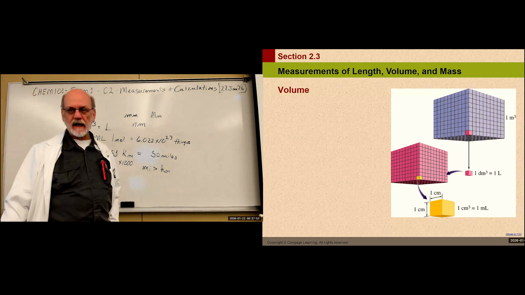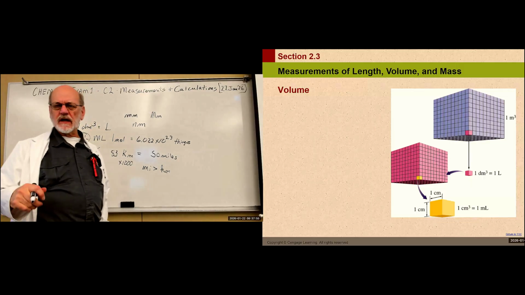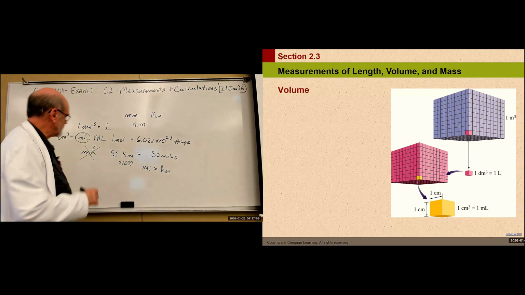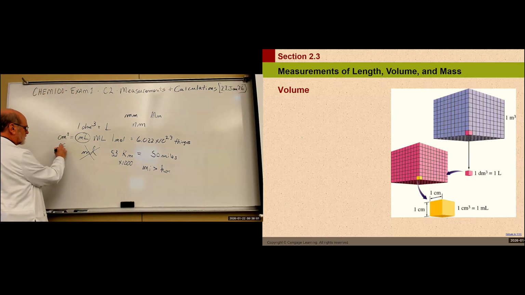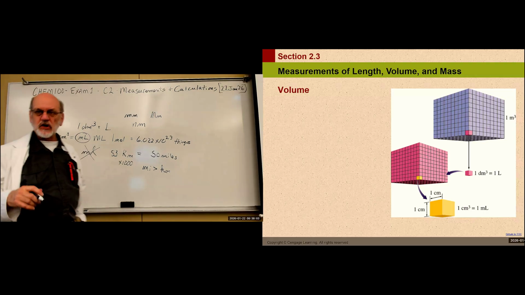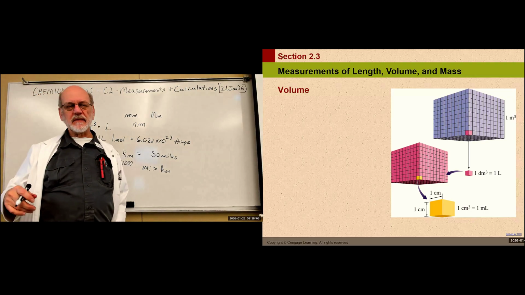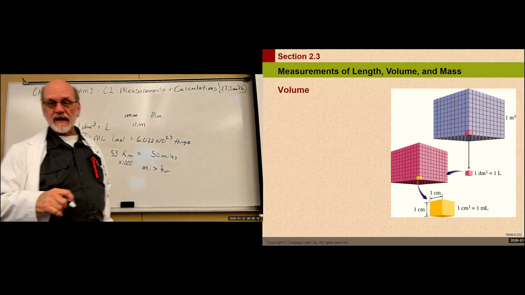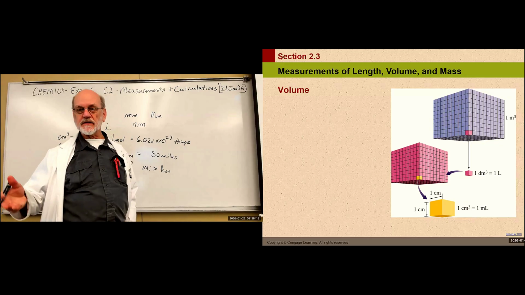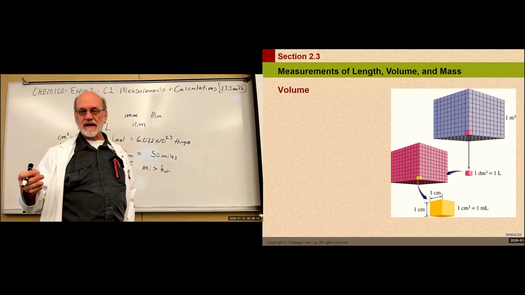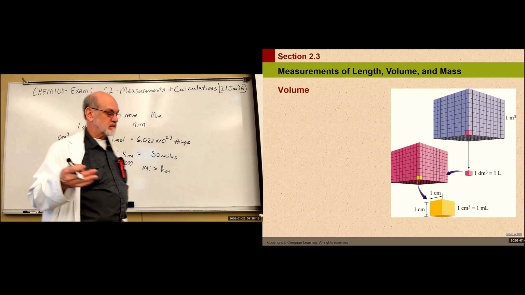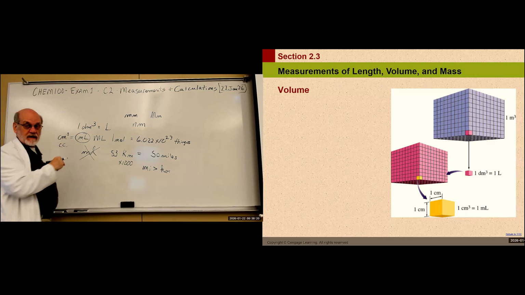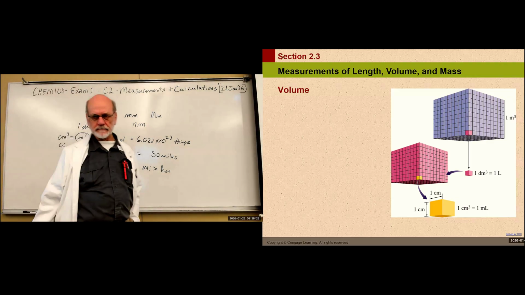Okay? In the medical profession, if you see some old measuring devices, they might be in terms of cc, cubic centimeter. In years gone by, it was easier to label things with a cc than to put a power on it, right? Centimeters cubed.